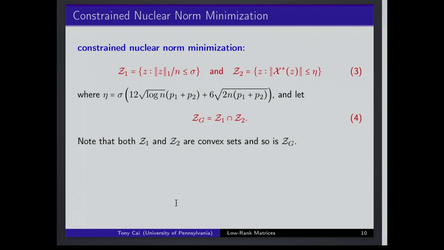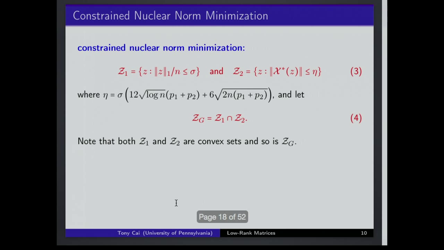And we introduce a constrained nuclear norm minimization algorithm. So we define two convex sets. The first one is very simple. It's a polytope, an L1 ball. The second one is also a polytope, where x star is the dual operator of x. And we form the intersection of the two sets. The intersection of convex sets is still convex. And we introduce a constant called eta.